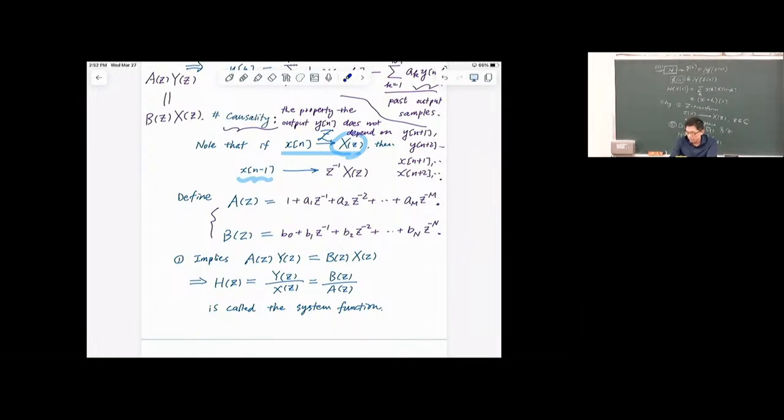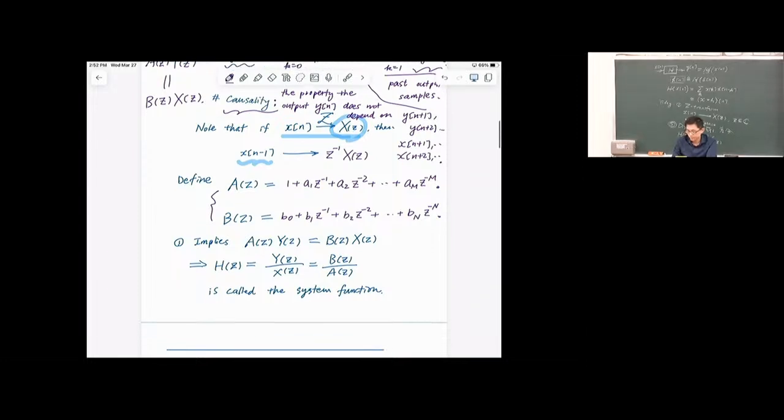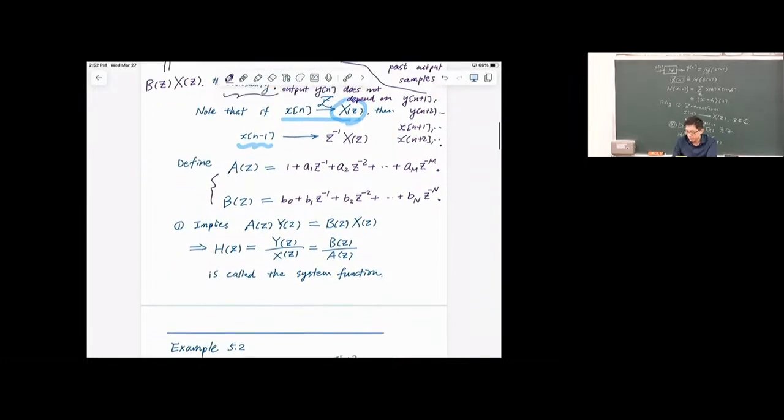And we call this the system function. We call H the system function. And there's a reason why we call it a system function, because, no surprise, big H is the Z transform of small h. Okay?